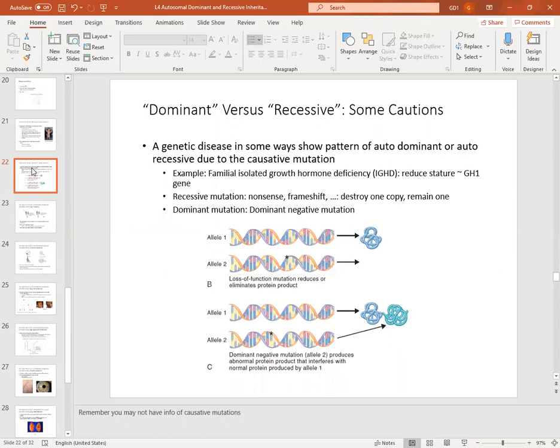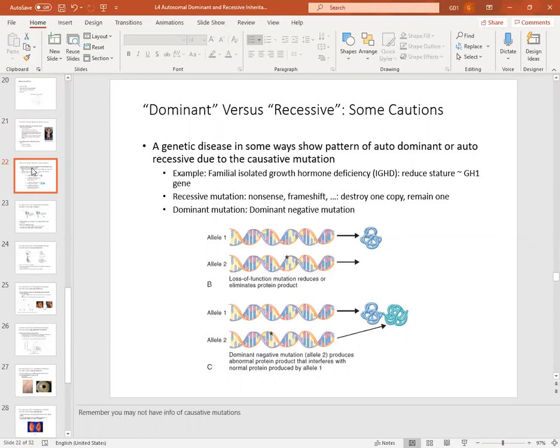In case of recessive, the heterozygote has no disease. But the barrier between the two terms is not always correct.